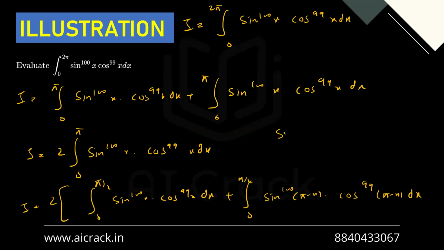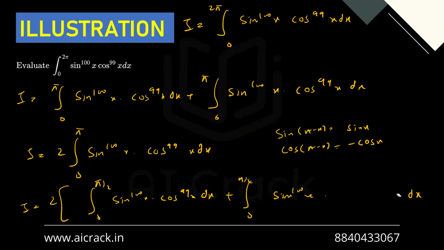Now we know that sin of pi minus x is sin x, and cos of pi minus x is minus cos x. So the sine part stays the same, and the cosine part becomes minus cos^99 x. So this and this get entirely cancelled out, and the answer is 0.